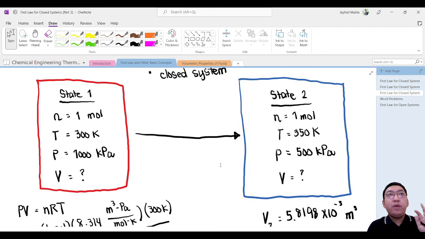So that is what we're going to employ here. Since we cannot decipher any patterns like there is constant pressure or constant temperature in the given, then we ourselves should create or establish that path for us to bring out those thermodynamic equations that are easy to use, and we will be able to get the answers in the determination of the delta U and the delta H.